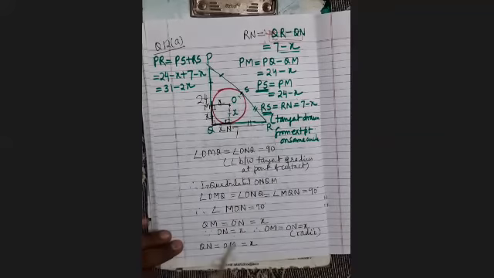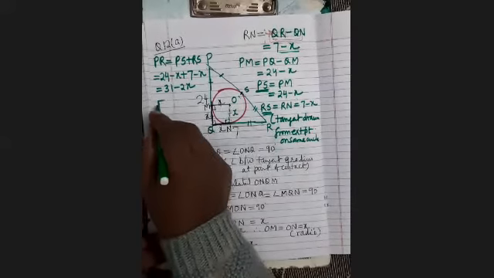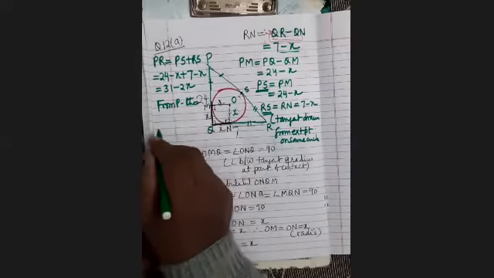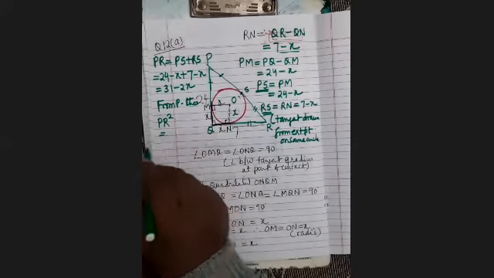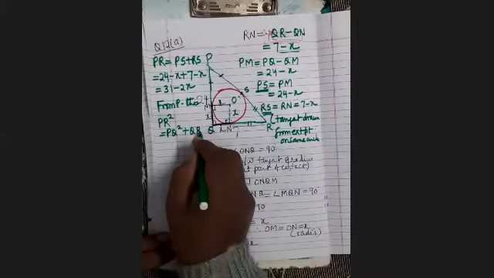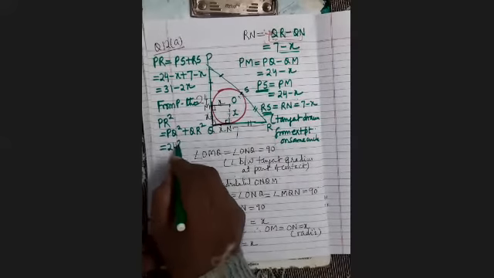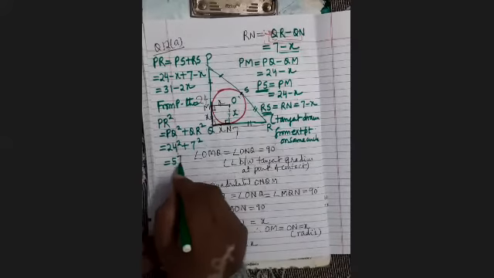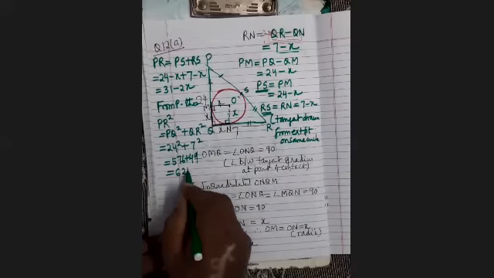It is clear. Now from Pythagoras theorem we can find PR. PR square equals PQ square plus QR square. PQ is 24 square plus 7 square, that is 576 plus 49, that is 625.